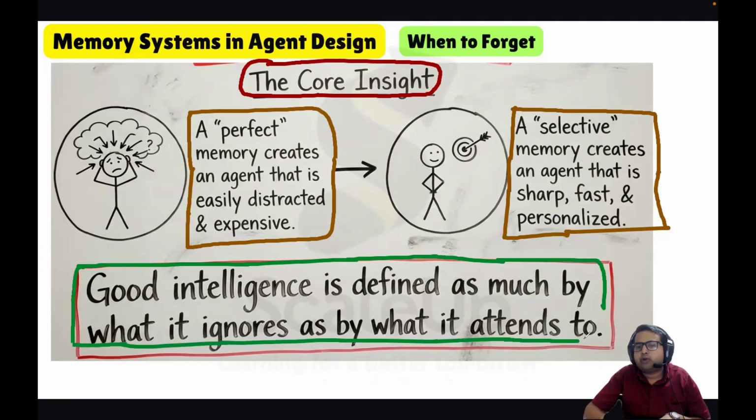So ignoring is also very important. An agentic AI system should not remember everything. It should forget the noise and the irrelevant tokens. It should ignore them. And that's the core insight.